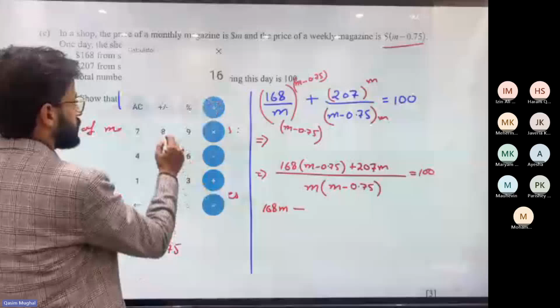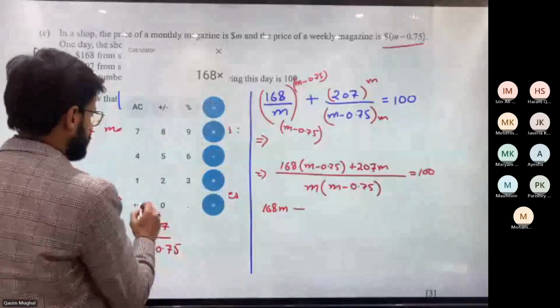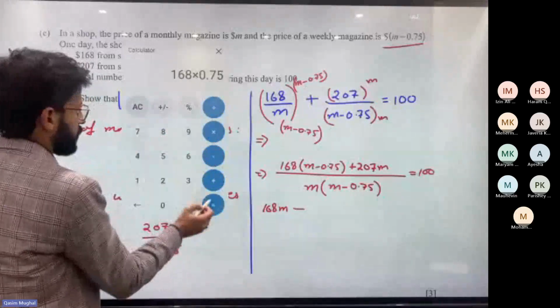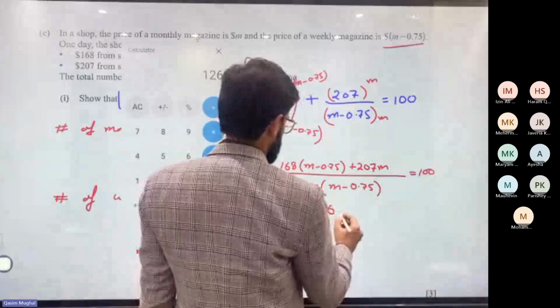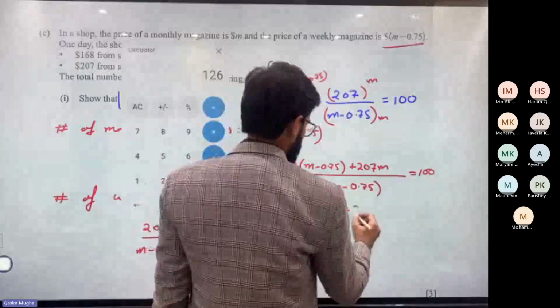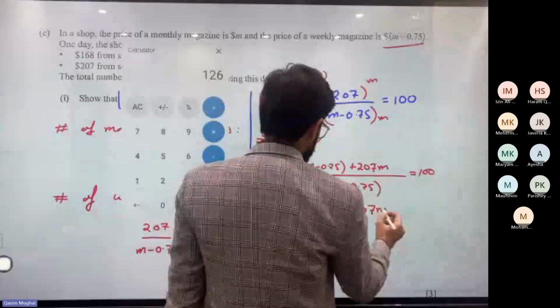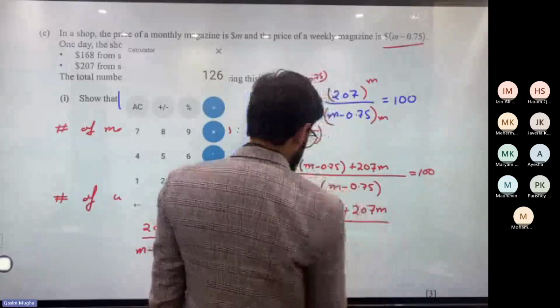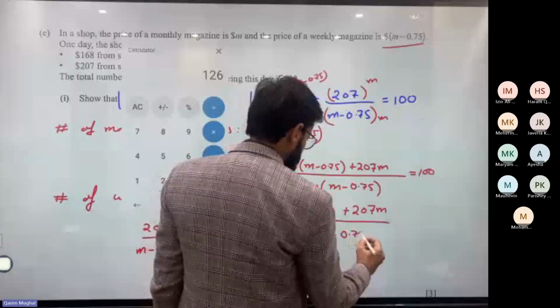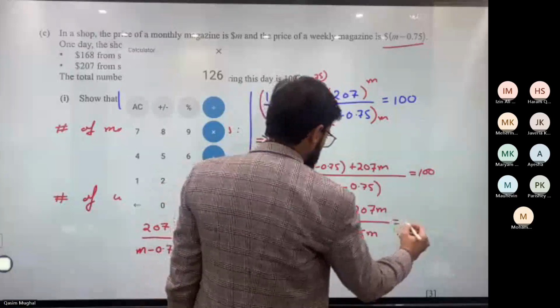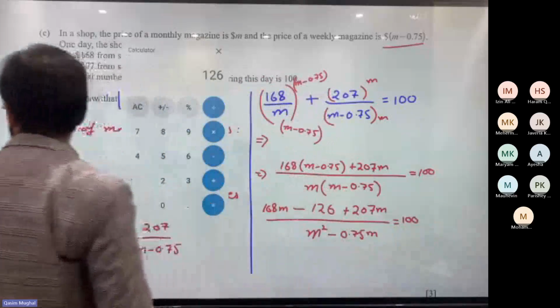So 168 times 0.75, and this is giving me 126. Plus 207m over m squared minus 0.75m equals 100.